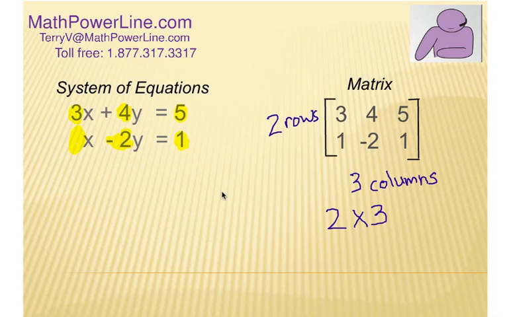Matrices can be lots of different sizes, and again I have a 2 by 3 here. But one of the purposes for using a matrix and changing a system of equations into a matrix is it's less writing, and it actually can help you speed up the process of solving the x and the y values of this system of equations. There are some other uses too, but basically it's mostly for solving equations, and it's a simplified way of doing it.